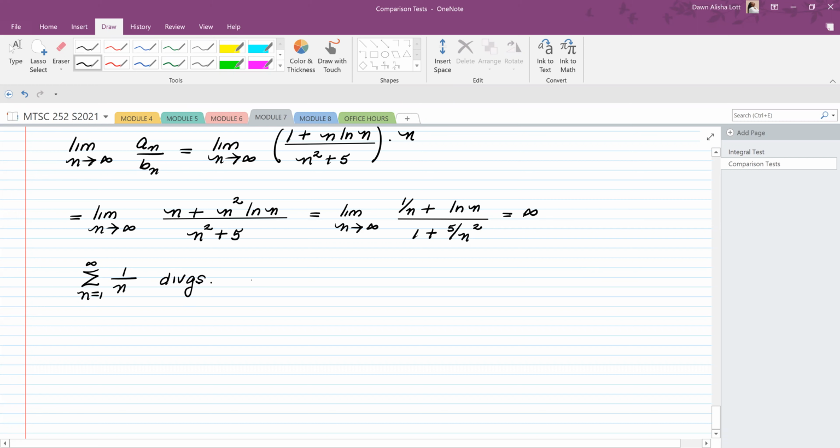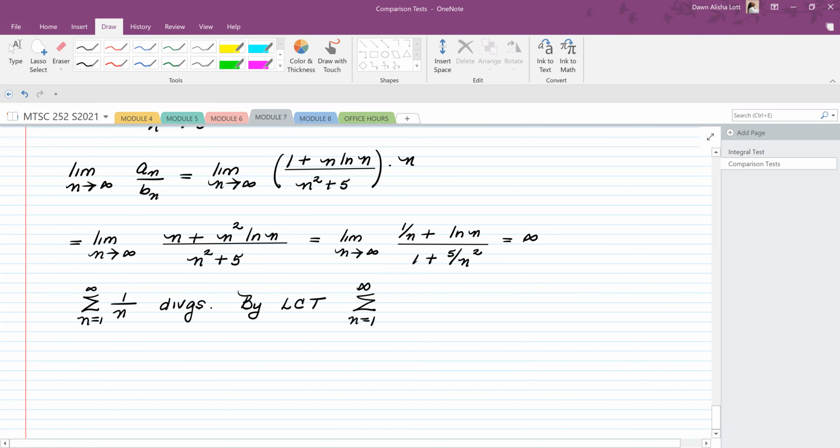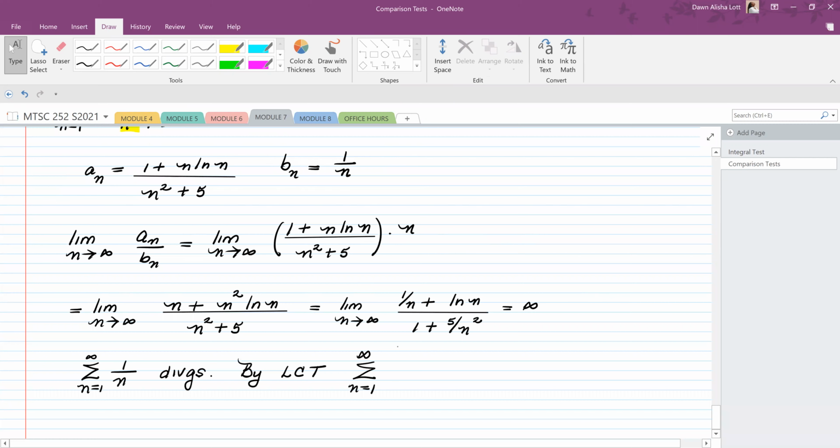So by the limit comparison test, the summation n equals 1 to infinity of the original problem, which is 1 plus n natural log of n over n squared plus 5, also diverges.